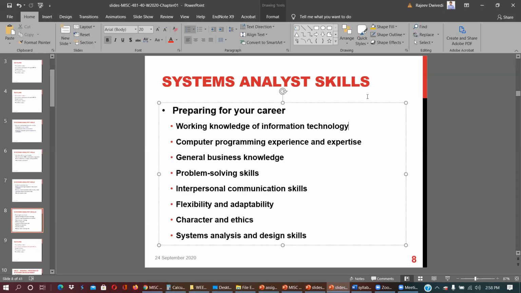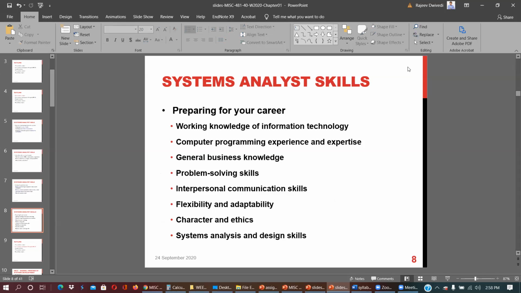So: computer programming experience and expertise, general business knowledge, problem solving skills, interpersonal communication skills, flexibility and adaptability, character and ethics, system analysis and design skills. Basically, it needs all 360-degree skills required from the technical, business, and environmental sides, to flexibility and interpersonal skills. All are required for an analyst.